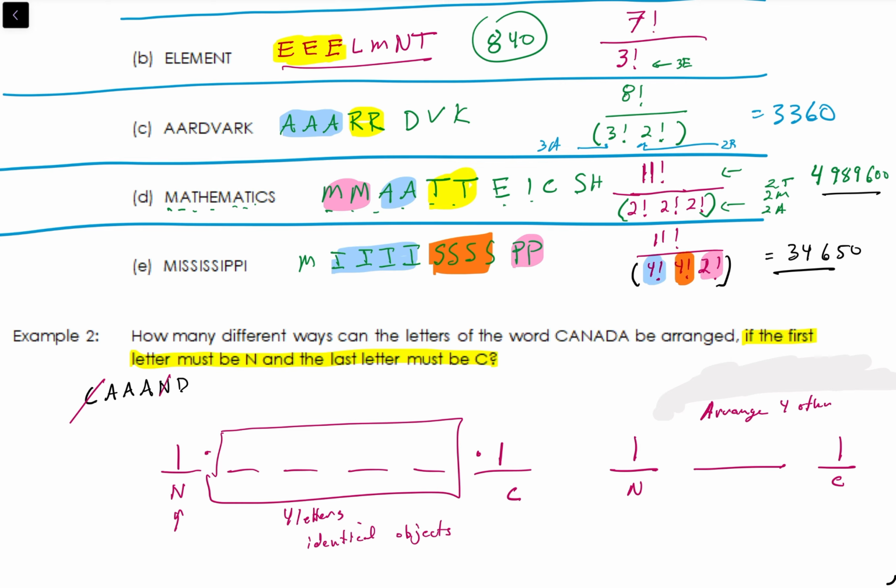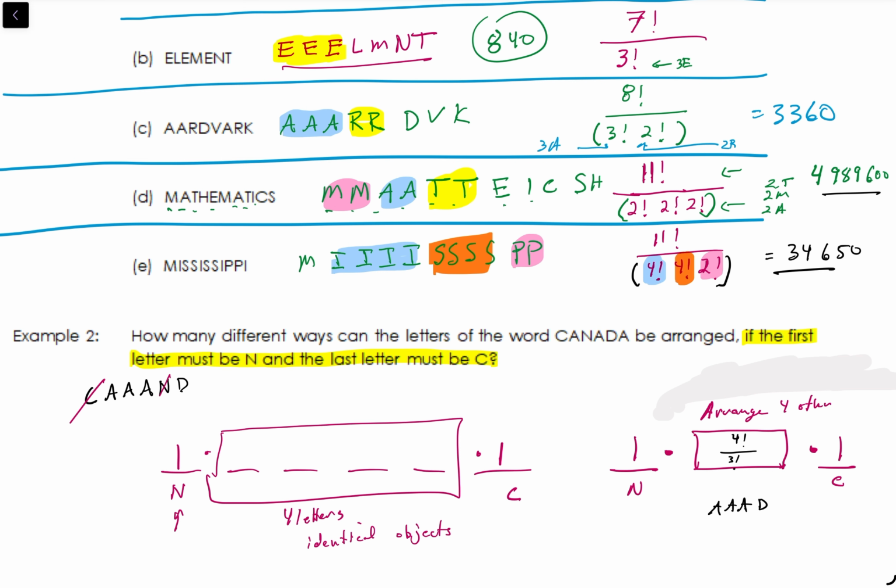Now, how many ways can I arrange the 4 remaining letters? Well, I'm just going to put it in this box. So N, and then I'm going to arrange C, and then I'm going to put in the 4 other letters. Well, hopefully we can recognize that they're A, and D. So there are a total of 4 objects, and I need to divide that by 3 factorial.